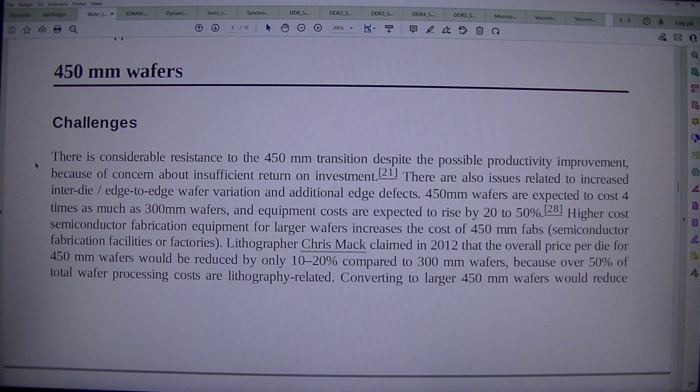Higher cost semiconductor fabrication equipment for larger wafers increases the cost of 450 mm fabs, semiconductor fabrication facilities or factories.